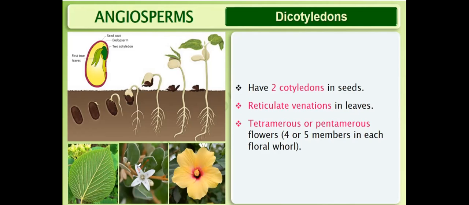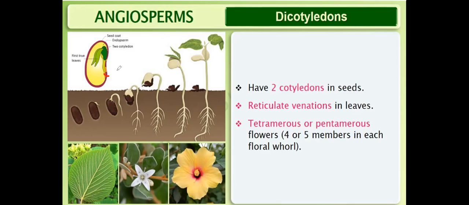Count here: how many petals are there? 1, 2, 3, and 4. So this is a tetramerous flower. Or it may be pentamerous: 1, 2, 3, 4, 5. So the flower may be tetramerous or pentamerous. In this way, you can identify.